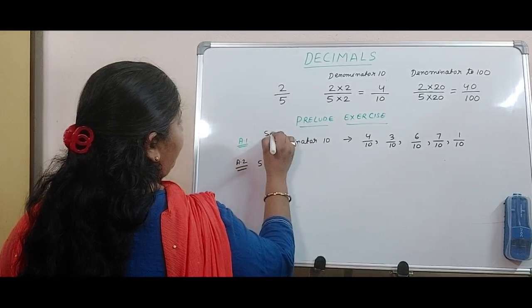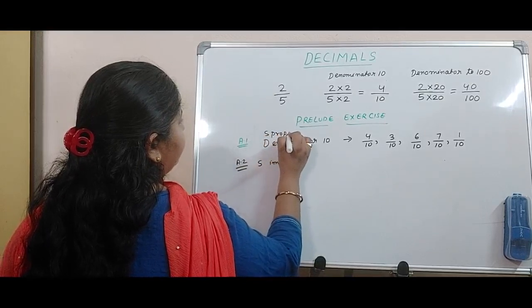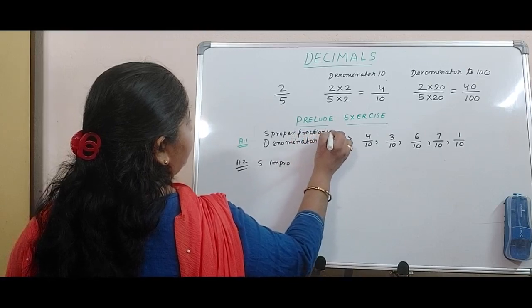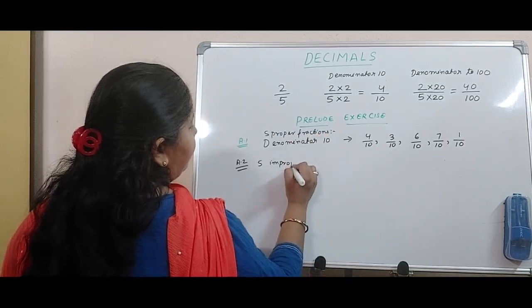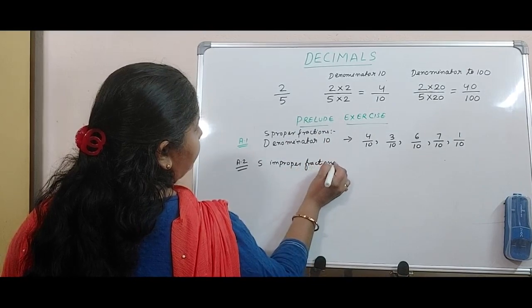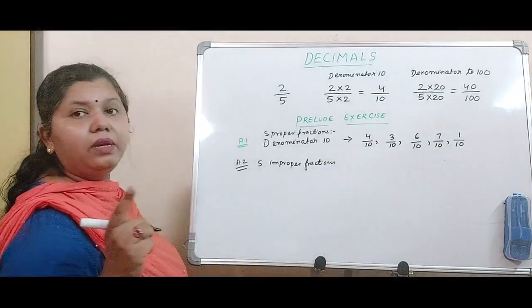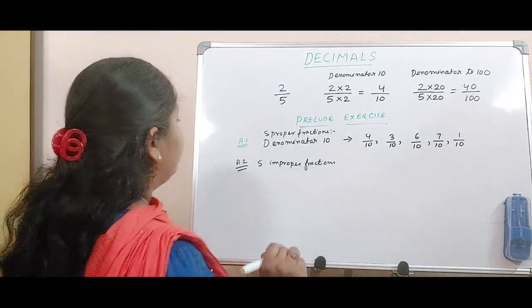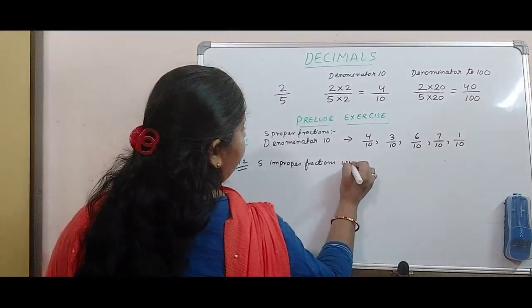These are 5 proper fractions. And these are 5 improper fractions. I am doing with denominator 100. You do it yourself with denominator 10.